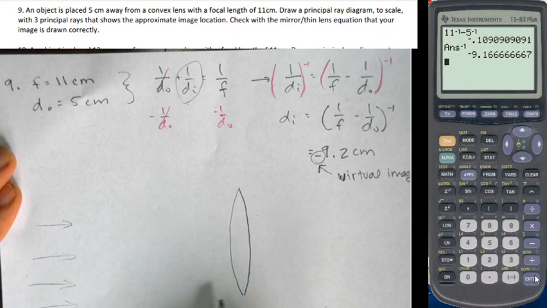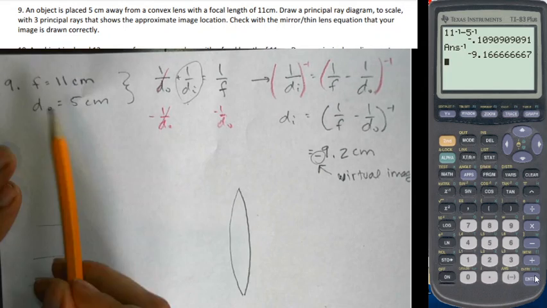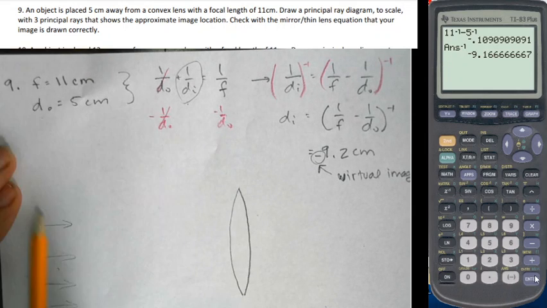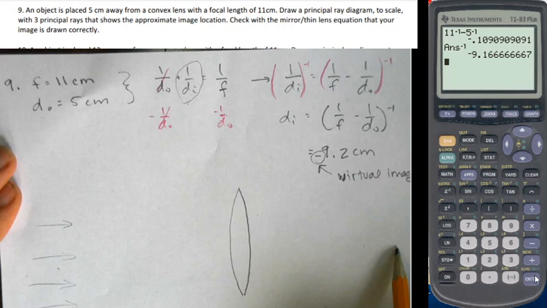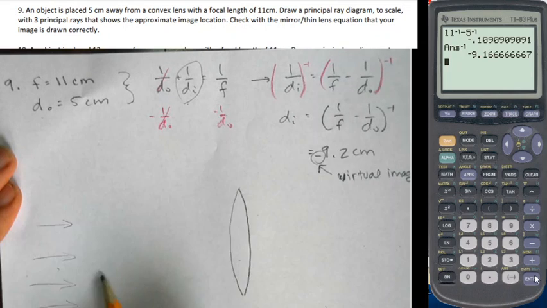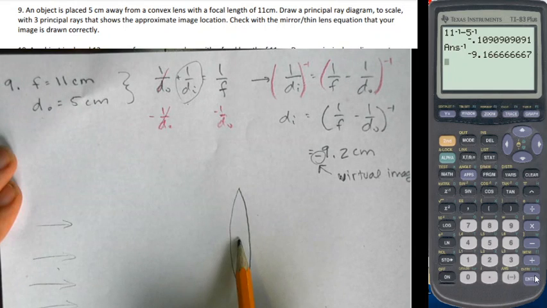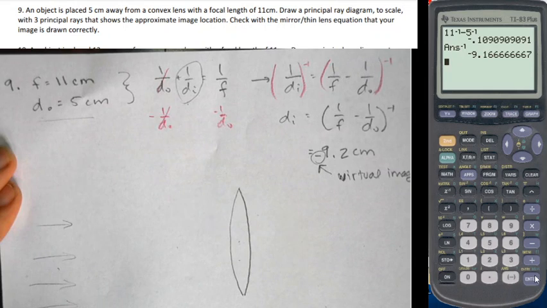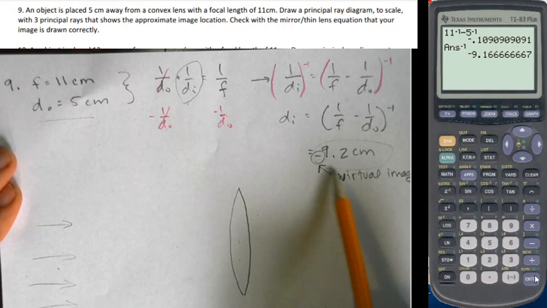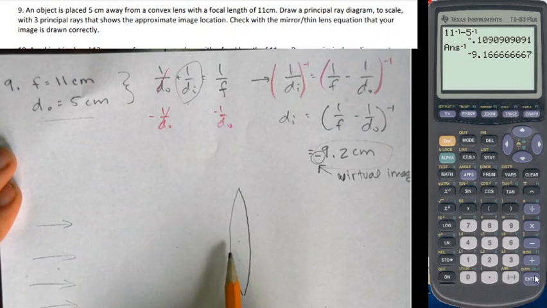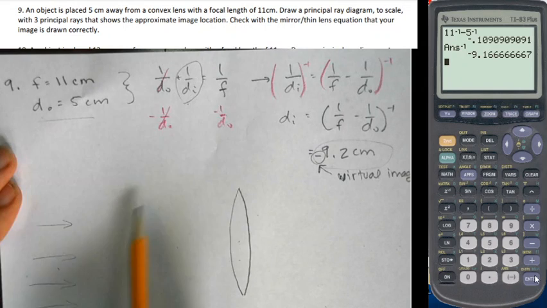So I want to be able to make sure that I can resolve 11 centimeters to the left of this lens because that's the focal length. I want to also be able to resolve 11 centimeters behind the lens. So we always want to be able to resolve both of the focal lengths of the lens, one on each side. I want to be able to resolve 5 centimeters on the left-hand side of the lens because that's where dO will be. I also want to be able to resolve negative 9 centimeters, so 9 centimeters over here.